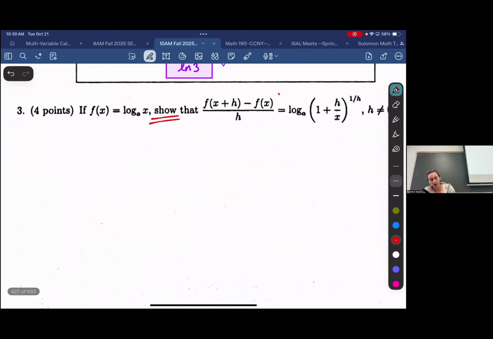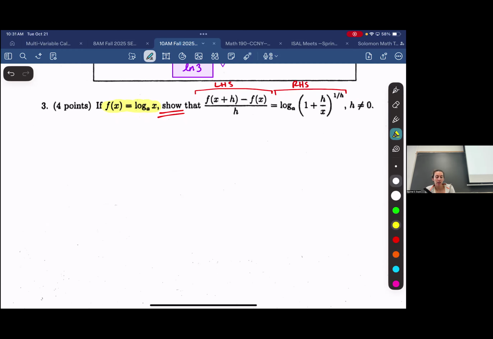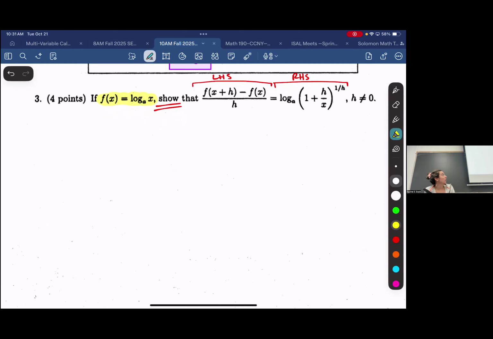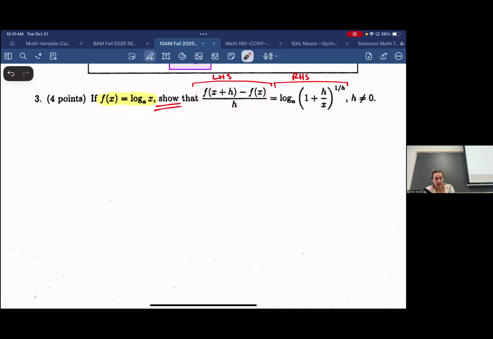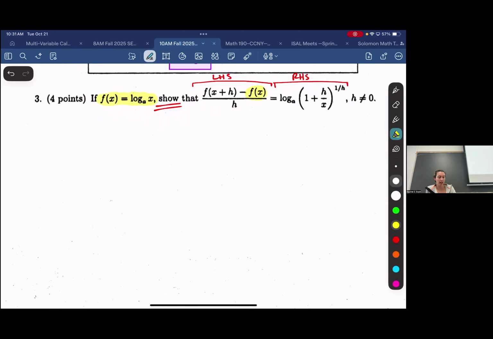So if this is our left-hand side and this is our right-hand side, and you're also given the fact that our f of x is equal to log base a of x, then the manipulation that's going to be able to take place here is really honing in on that left-hand side. So we are going to change up that left-hand side to make it look like our right-hand side. We're not going to do anything to our right side. That's staying exactly the same all the way up to the end.